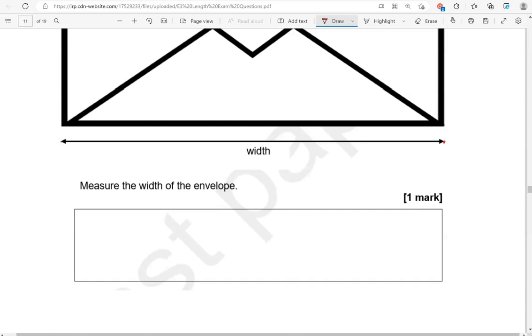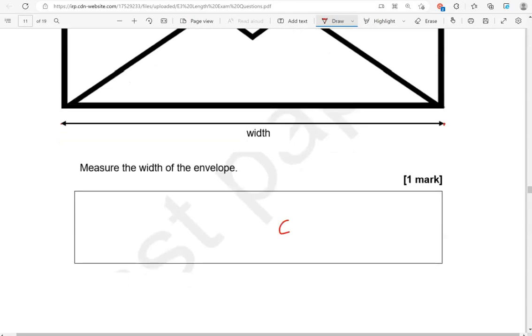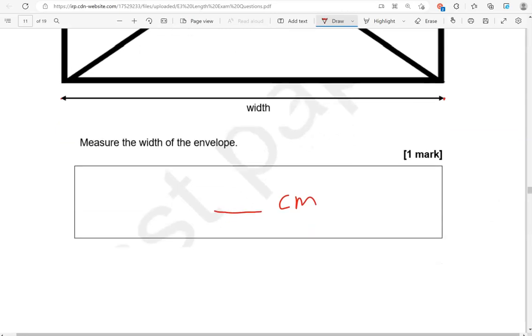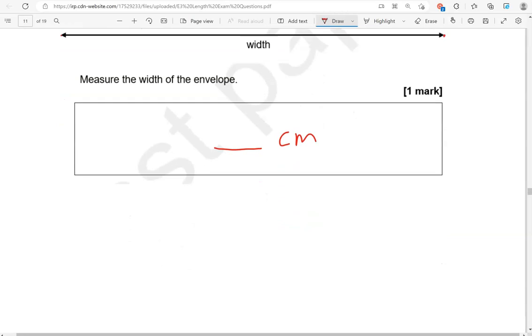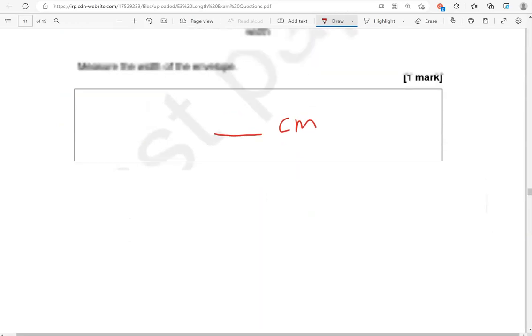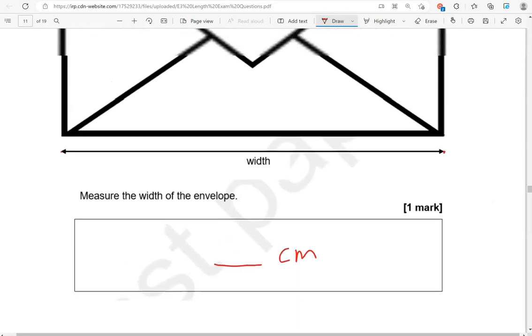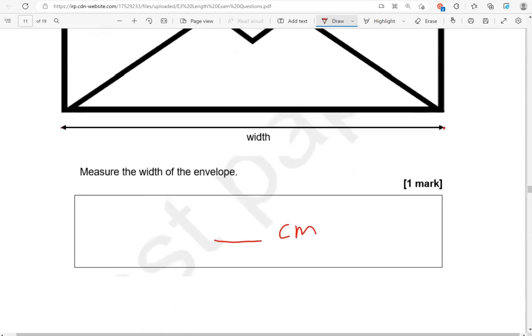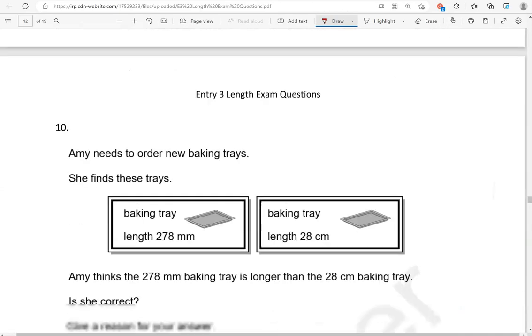But it all depends on how it prints on paper, so there would be different answers, and for that reason I can't just give an answer here, but it would be in centimeters, a number of centimeters depending on how it prints on paper. So I've put this question here just so that you're aware that it can appear in the exam, where you need to use a ruler and measure the length.